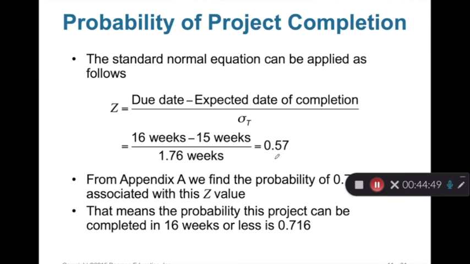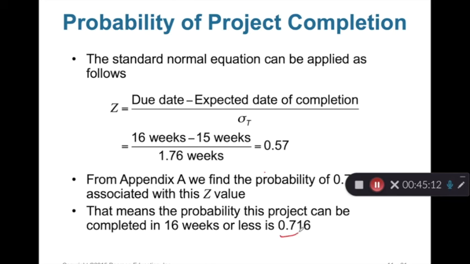We got 0.57. This is the z-score. You can use the table or you can use Excel, like what we did before, and then we can figure out the probability. Now you can see the probability is 0.716.